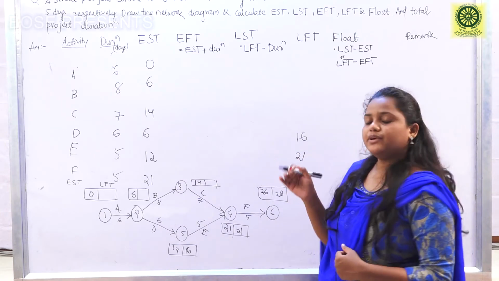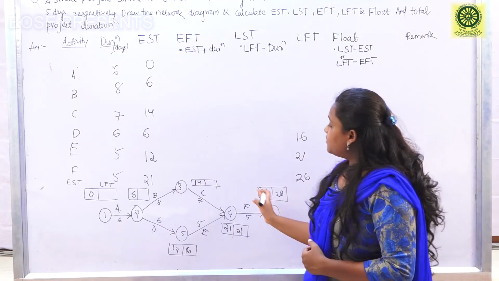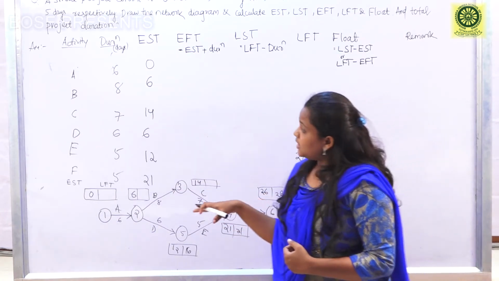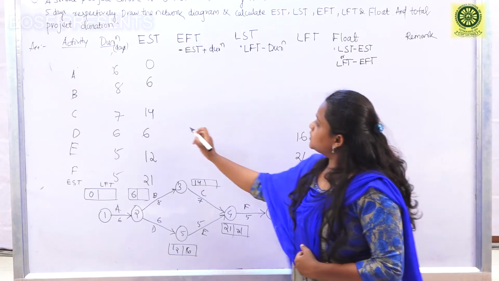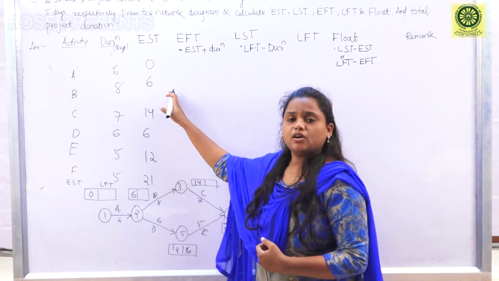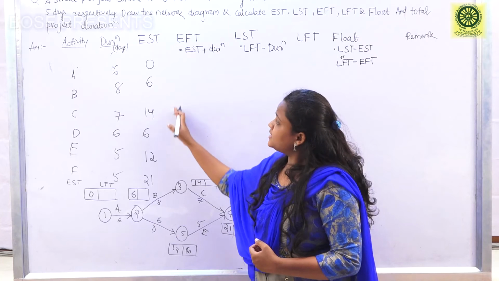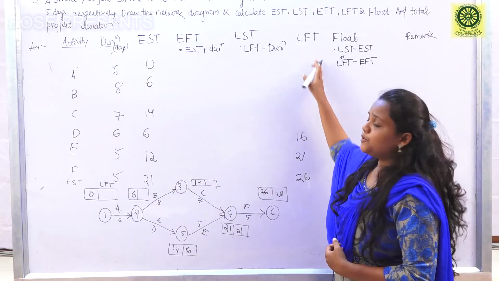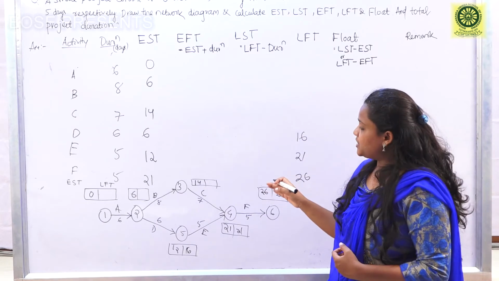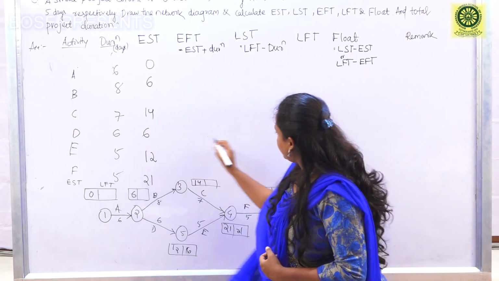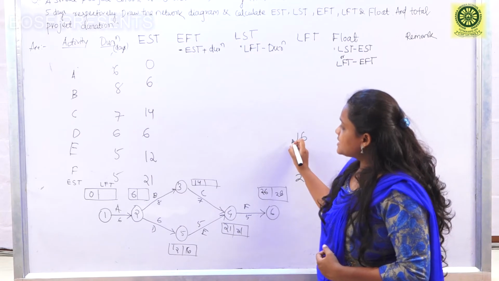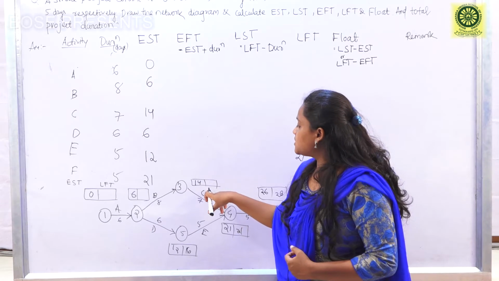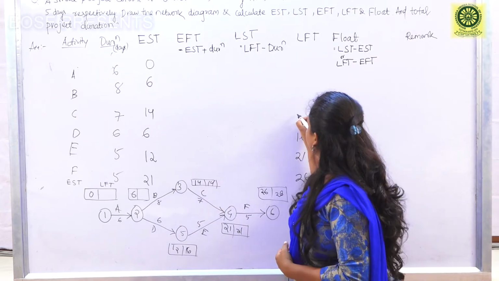When we are moving from tail event to head event, we have to subtract the durations. In EST we add all the durations for each activity, and similarly for LFT we just subtract the duration. So for activity D it is 16, then for activity C it will be 21 minus 7, that is 14.